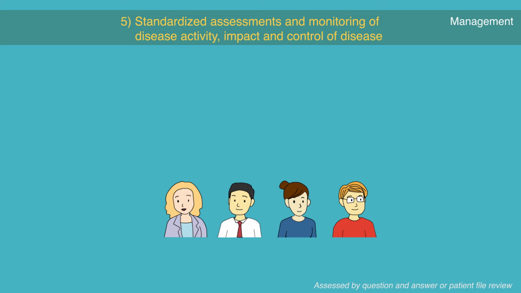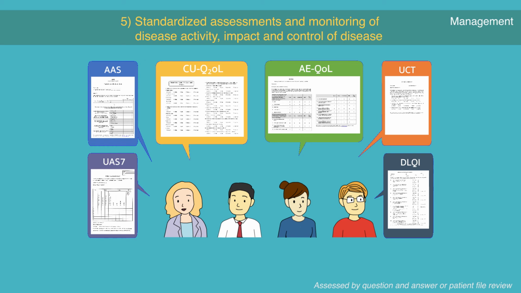Standard instruments such as the UAS7, AAS, CU-Q2OL, AE-QOL, and UCT should be present and known at the centre. Use of at least one of these tools, preferably the UAS7 or the UCT, in at least 80% of chronic urticaria patients will be checked.